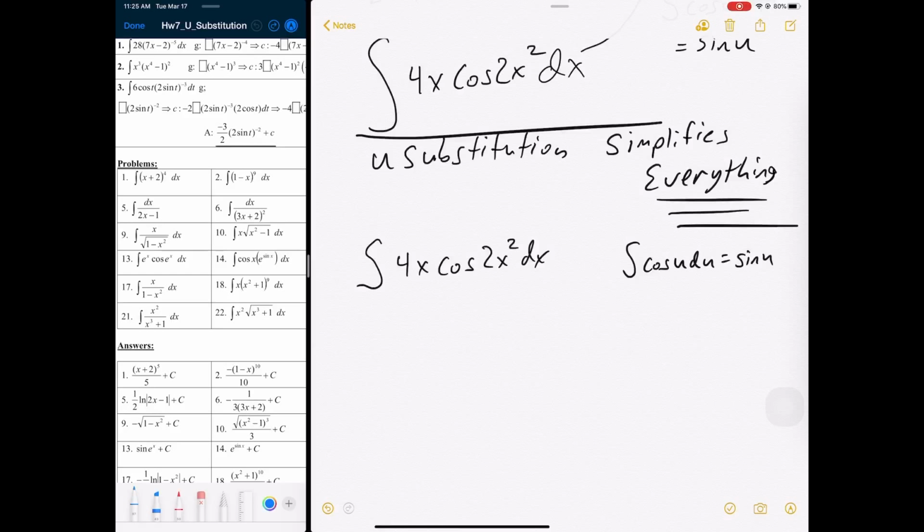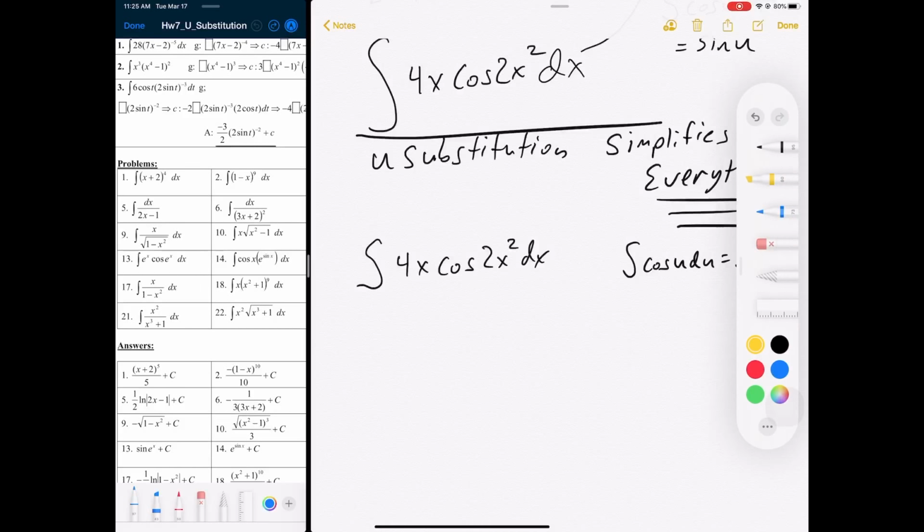I'm going to say no. So here's what we do. We cheat. We save this here. I'm just going to call it u. Integral of 4x cosine of u dx.